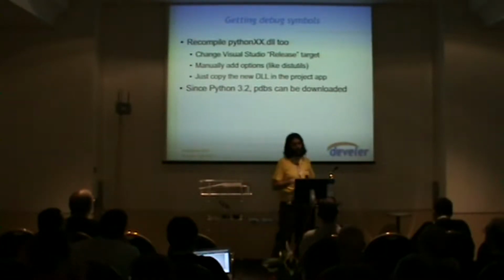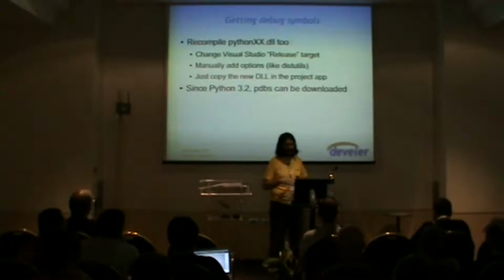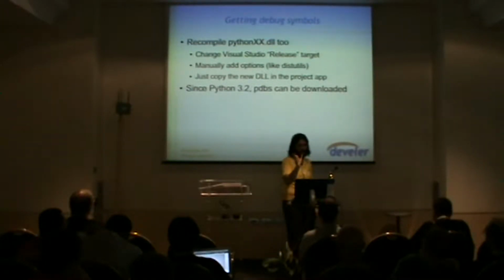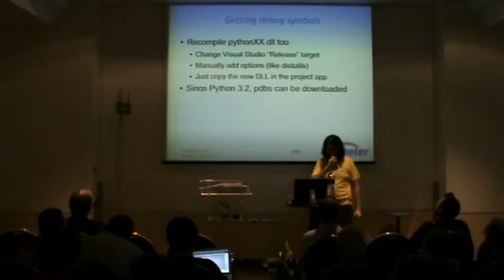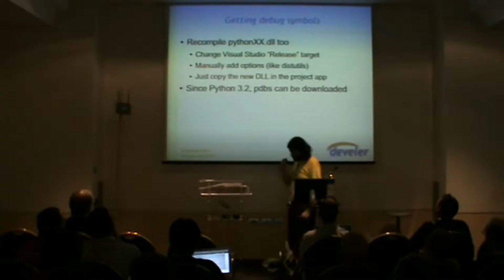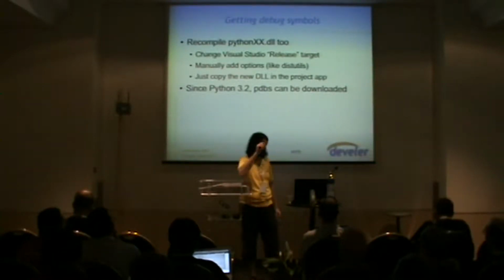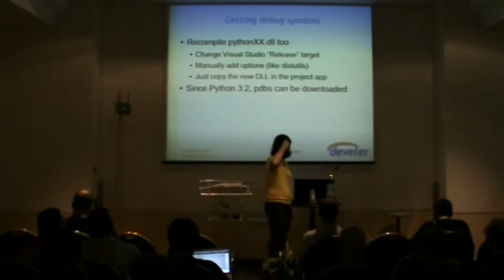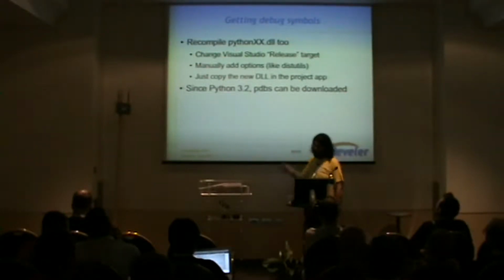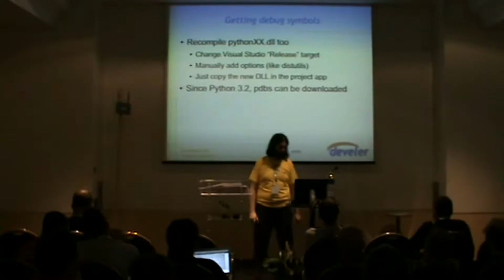It's complicated to compile the whole Python distribution, but just the Python library is actually very easy to recompile. You just need to modify the standard debug target, as I was saying before, to switch the runtime CRT, so that you have debug symbols for Python and CPython as well.